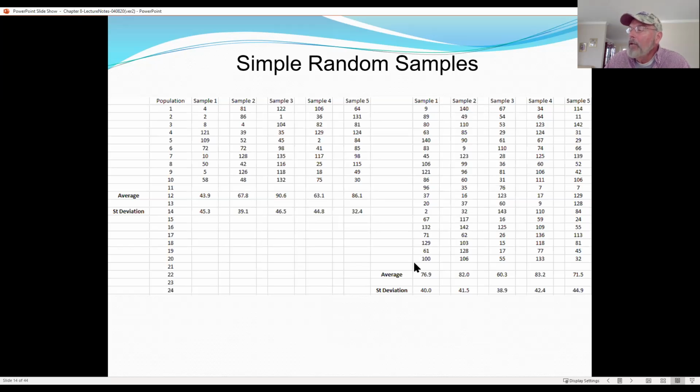And if we went down to the average here, you would see that these two are variable. So that is an outcome that goes along with random samples. Questions about that?